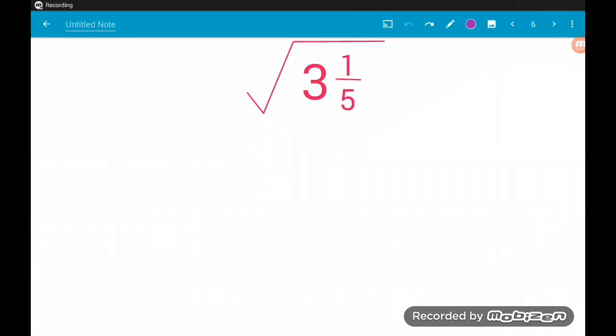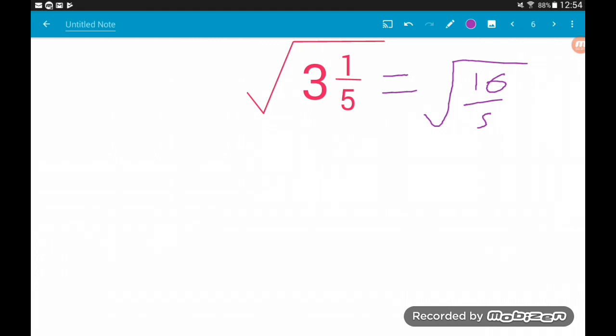Okay, so this time we have the square root of 3 1/5. So the first job, as ever, is to write the mixed number as an improper fraction. So make sure that you can make 3 1/5 into 16 over 5. So the square root of 3 1/5 is exactly the same as the square root of 16 over 5.